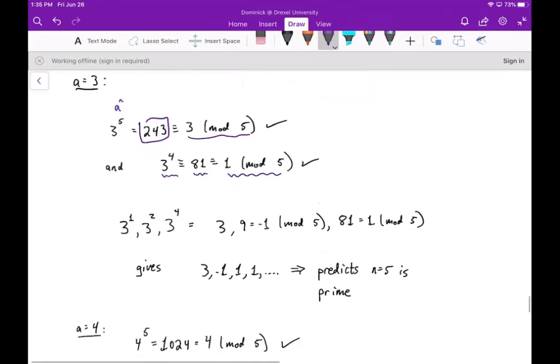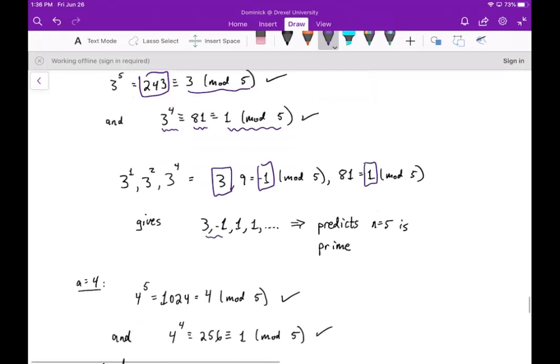Now, if we write out this sequence, we get 3, and then 9, which is negative 1 mod 5, and then we get 81, which is 1 mod 5, right? So then our sequence is 3, negative 1, 1, so on and so forth, if you were to keep going. And this, again, will predict that n equals 5 is prime.